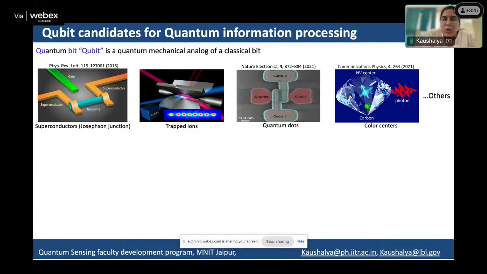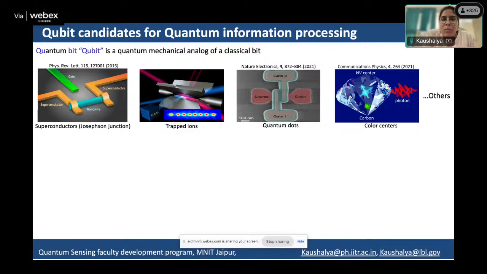One is your qubit needs to be quantum mechanical in nature, meaning that you should be able to use principles of superposition, and eventually you should be able to do quantum entanglement on your system. And along with that, the system should have two distinguished states, ones that can be defined as 1 and 0 when we finally detect.